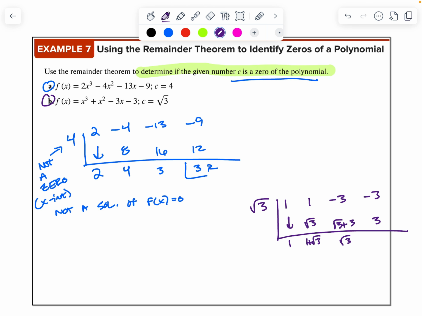When we multiply, we get just a 3. And when we add, we get 0. Wow, I can't believe that worked out so nicely. We got a 0 remainder. That means that the square root of 3 is a 0 of f of x. That means it is an x-intercept.